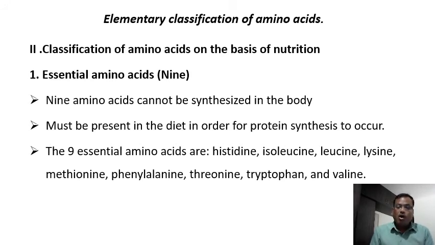Remember, all 20 amino acids are required for protein synthesis, which happens in each and every cell of our body. But out of 20, 9 amino acids are not synthesized in our body. So they must be consumed in the form of food. They must be part of your diet.